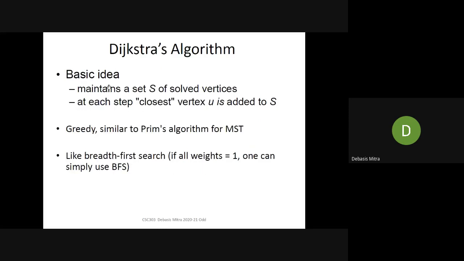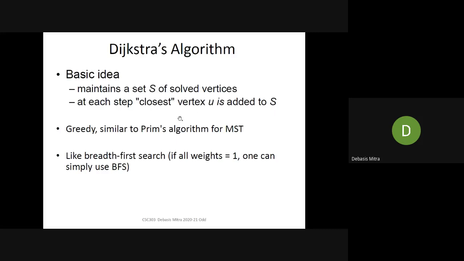So the basic idea is very similar to Prim's algorithm. Okay, it maintains a set S of solved vertices, and at each step, just like in MST also, we will start with the root. Here we will start from the designated source. Okay, and at every step we will be adding the closest vertex.